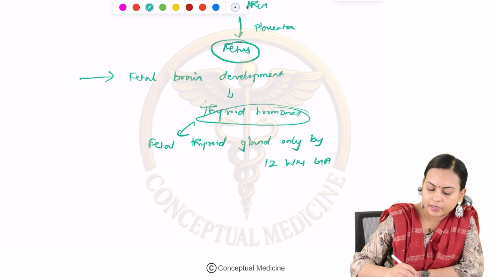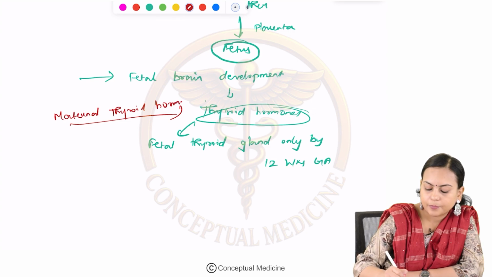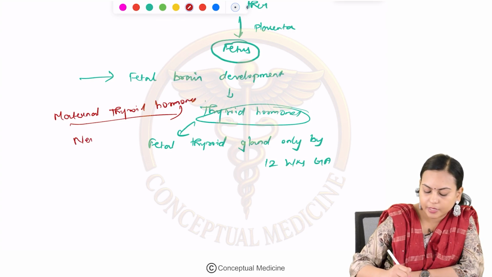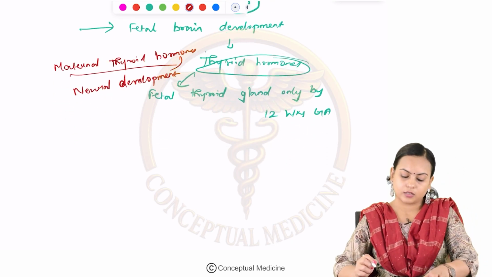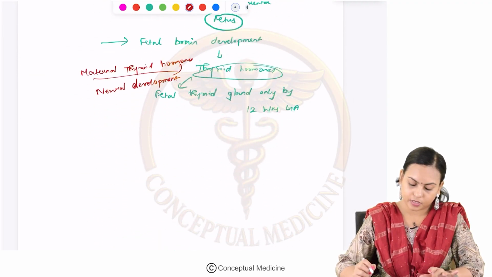So, till then it is the maternal thyroid hormones that are going to maintain the neural development. Okay? Yes? I hope you would have understood.